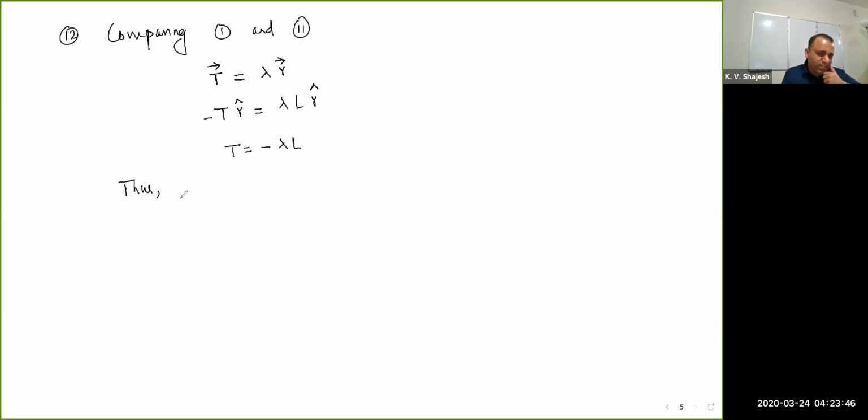Thus it seems like the suggestion is that the Lagrange multiplier is the force of tension. Remember, the force of tension is what makes something constrained, right?